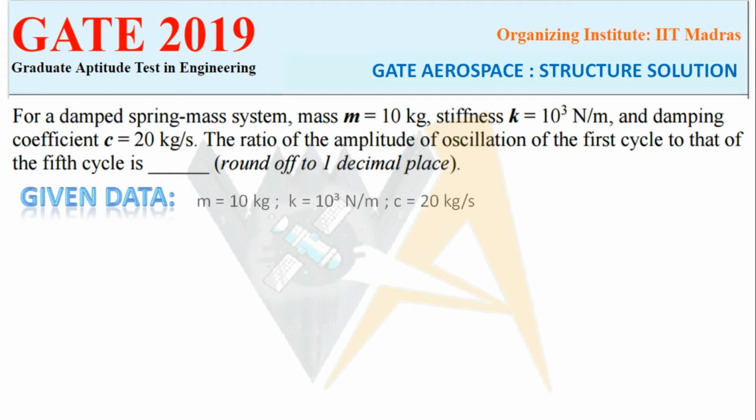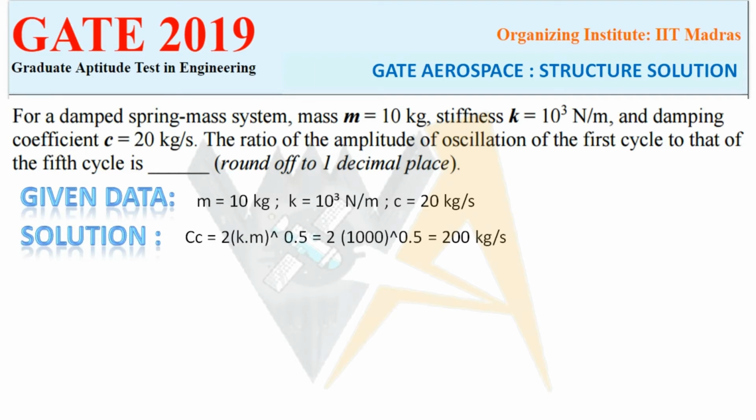So what is the given data? Mass 10 kg, stiffness K equals 10 power 3 newton per meter, and damping coefficient C equals 20 kg per second. Now we need to find the ratio of amplitudes of oscillation, that is x1 by x5. So let's see the solution.